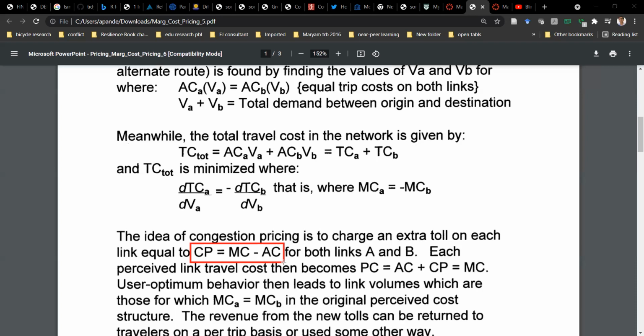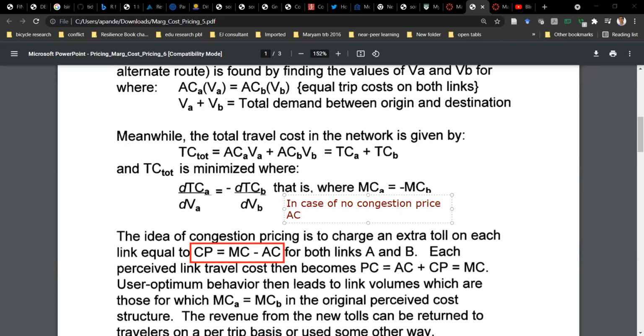Okay. So now think about this. If there were no congestion price, so let me try to type something up. In case of no congestion price, what is the perceived cost of route A? Let's deal with route A, or any route really. What is the perceived cost of a driver using that particular route?